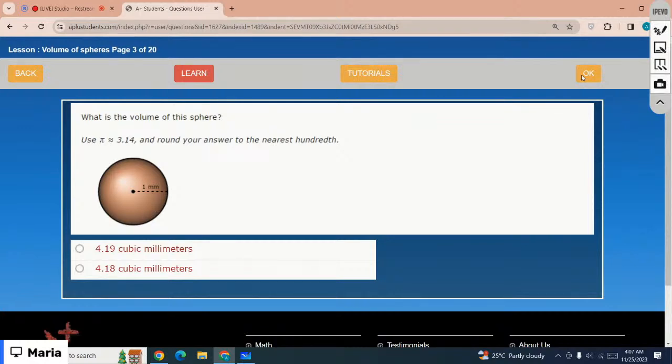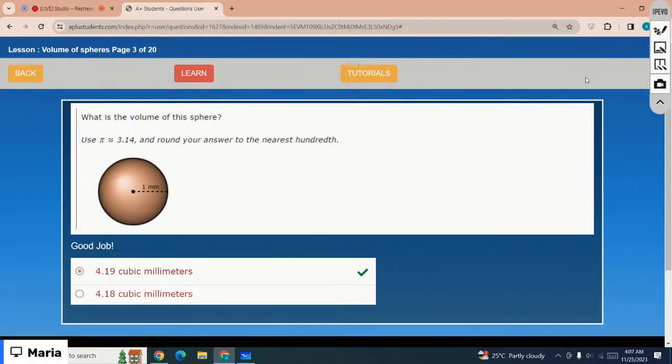So radius is 1, right? 1 times 3.14 times 4 is 12.56, and then you have to divide it by 3. So the correct option is 4.19 cubic millimeters. Option number 1 is the correct option, right?